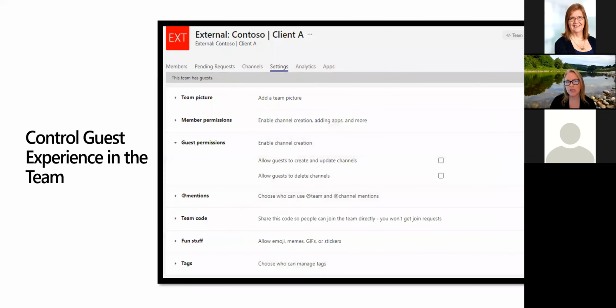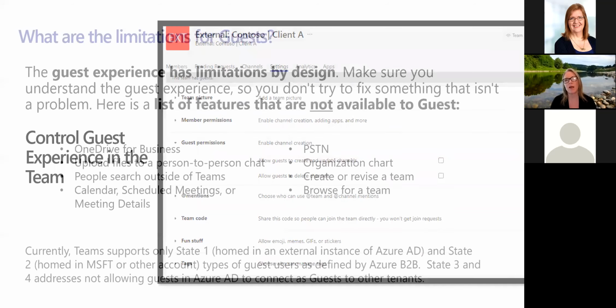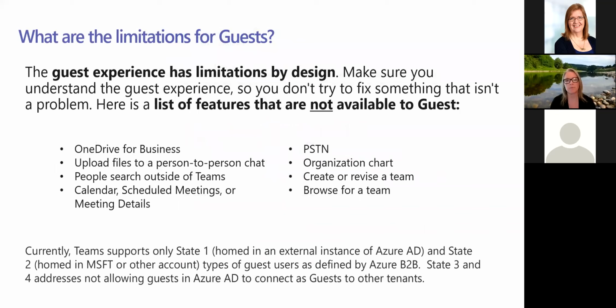But then within each team, you can also either allow guests to create and update channels or allow guests to delete channels. So you're probably going to want to put some controls in place as a governance team, really, to decide what are the use cases in our firm about what we're getting requested and how do we want to control it. So out of the box, there are limitations for guests.